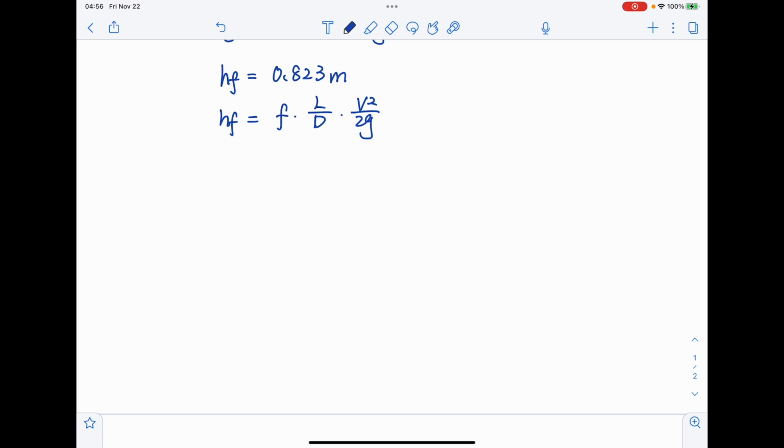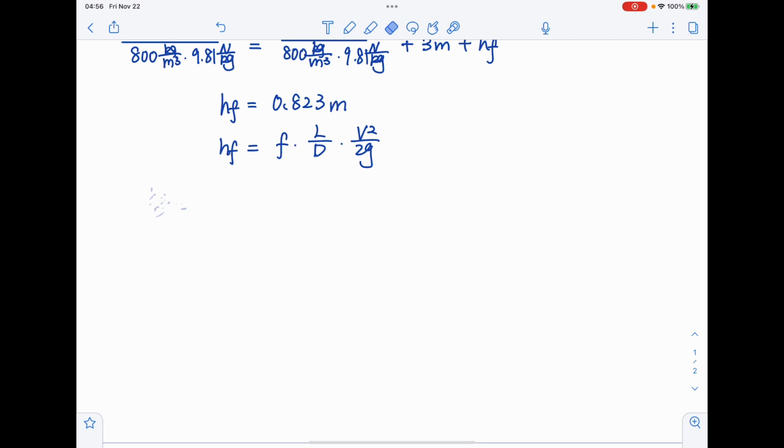To use the Moody diagram, first we're going to find the relative roughness, ks over D, where ks you can find in table 10.4. So ks equals 0.15 millimeter, which is 1.5 times 10 to the negative 4 meters.